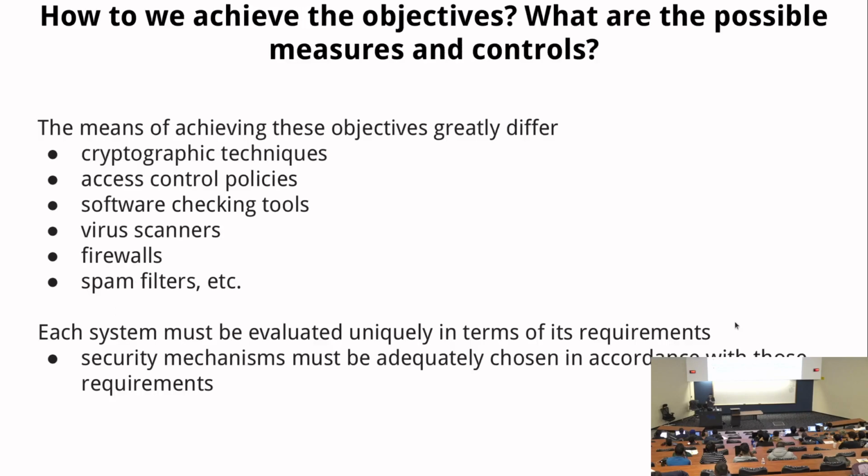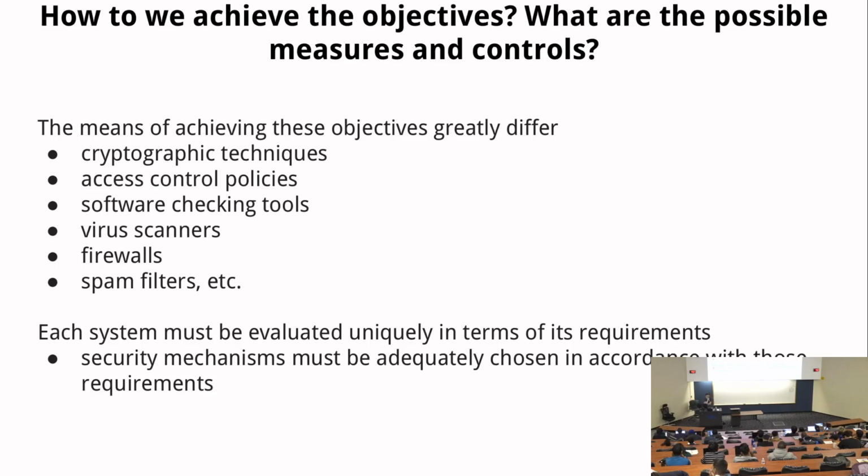So how do we achieve those objectives? What kind of toolbox do we have? What kind of measures, what kind of controls do we design? One of the most fundamental techniques is crypto. There are all kinds of crypto tools, and we use them for different purposes. We customize them for different purposes.